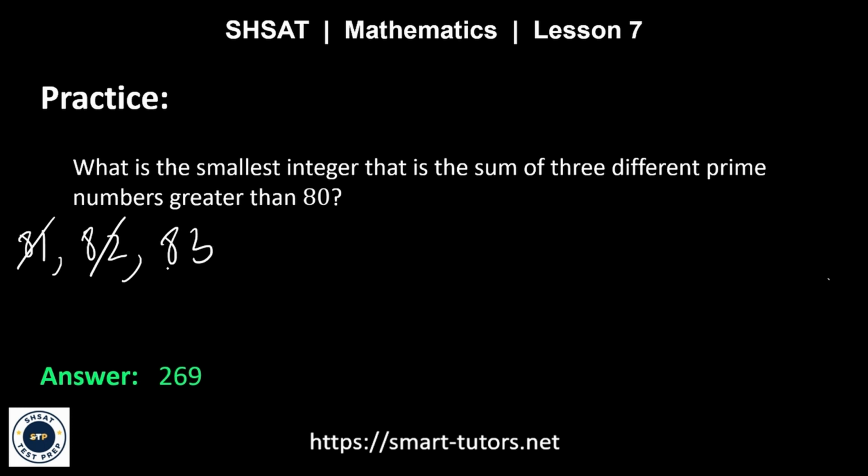For 83, you can check by adding the digits to see if it's divisible by 3. 8 plus 3 is 11, so it's not divisible by 3. It's also not a multiple of 7: 7 times 10 is 70, then 77, 84, and 84 is greater than 83, so it's not divisible by 7 either. So this is our first prime number.